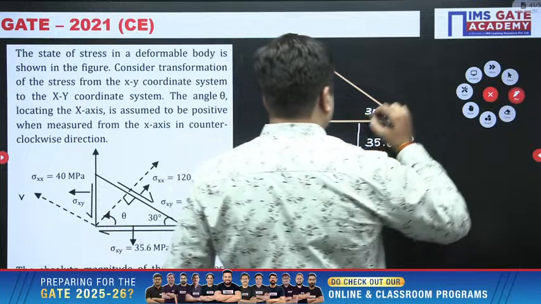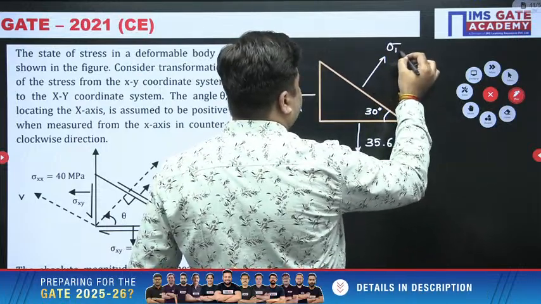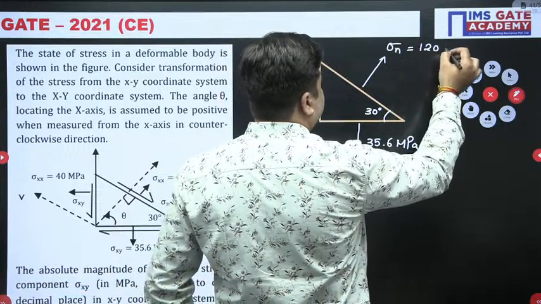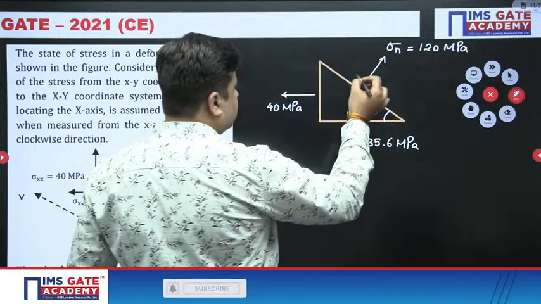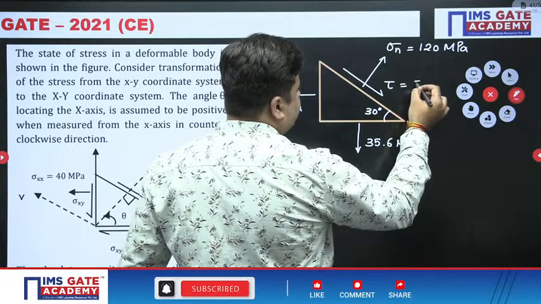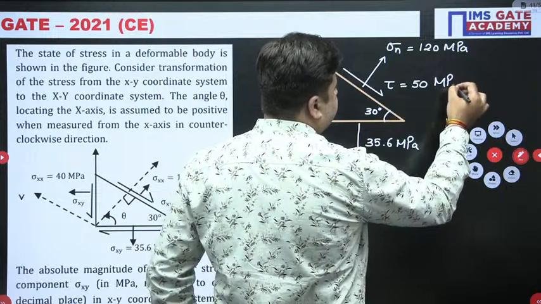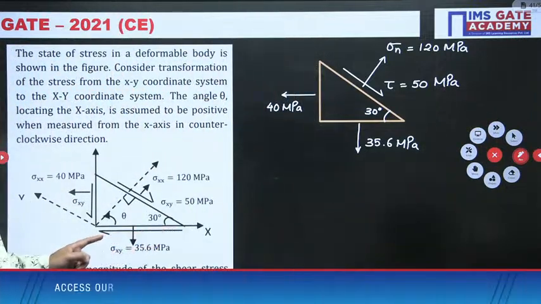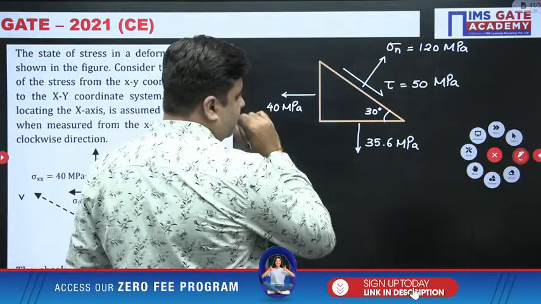Then your normal stress on the oblique plane, sigma n, is given to you as 120 MPa. And the value of shear stress on the oblique plane, this tau, is given to you as 50 MPa. Okay. They want you to find out the value of this tau xy.